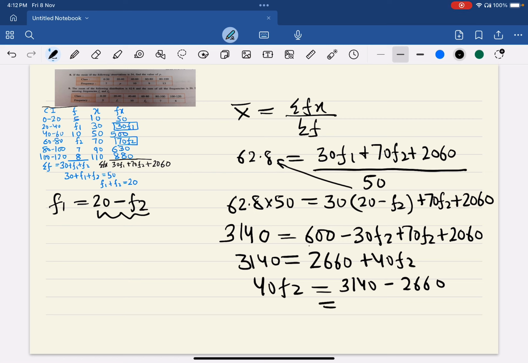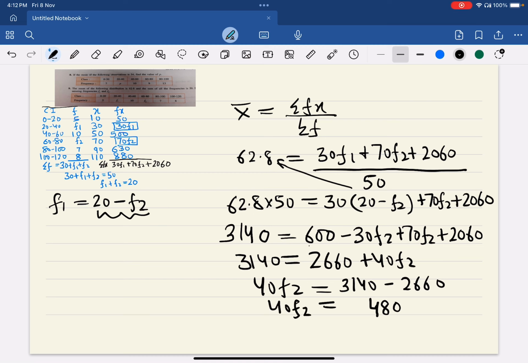So let us solve that. You will have a 0, 14 minus 6 is 8, and then you will have 10, and you will get 4 here. That is 480.